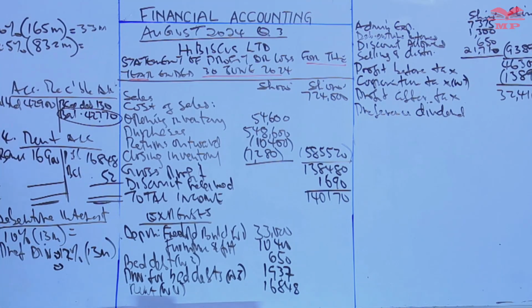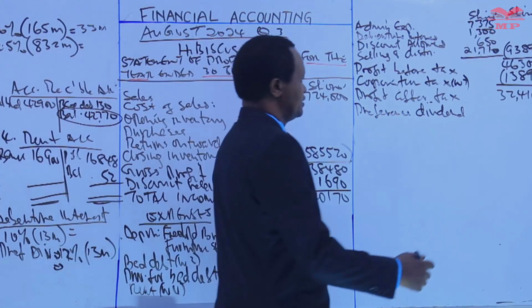That is the preference dividend. George says 1560. 1560.